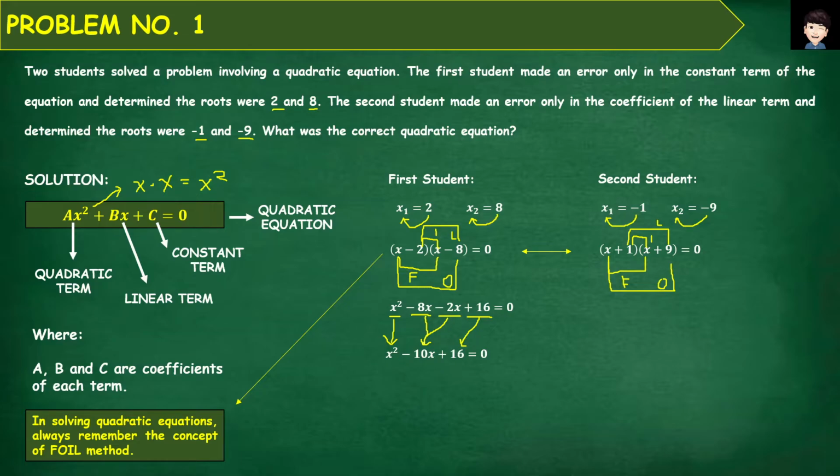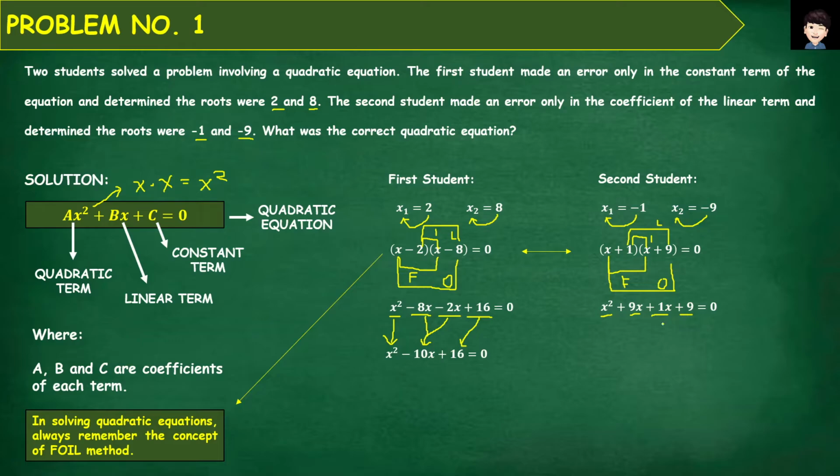So, meron na tayo for first student. Ganon din sa second student. So, for our first term, x times x, we have x squared. For our outside term, x times 9, we have positive 9x. For inner terms, positive 1 times x, we have positive 1x. Then positive 1 times positive 9 for our last terms, we have positive 9.